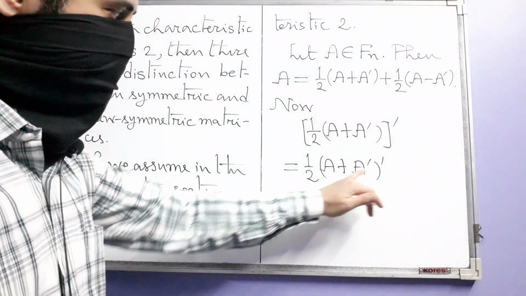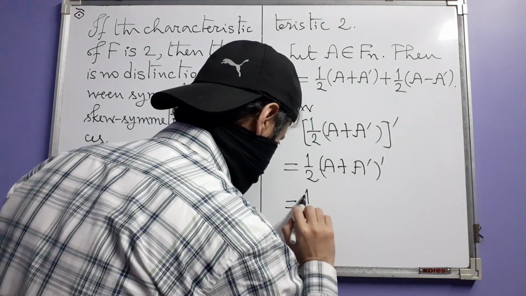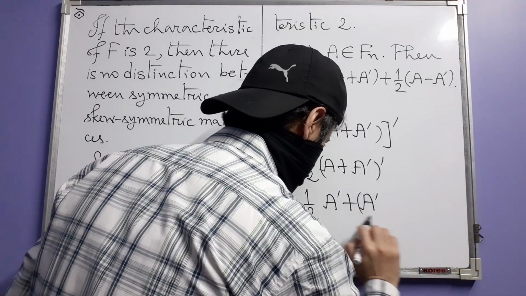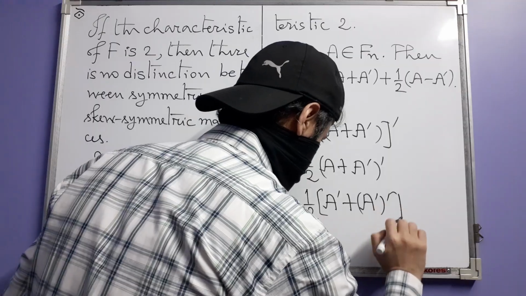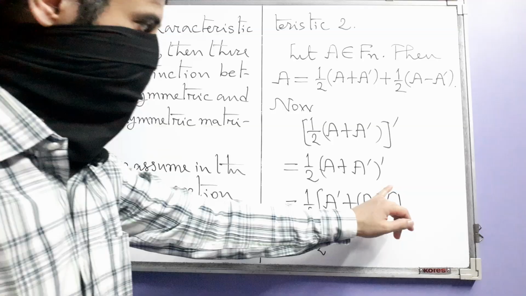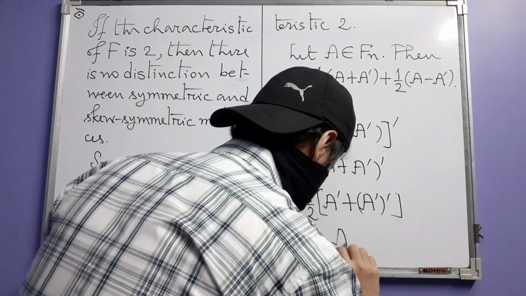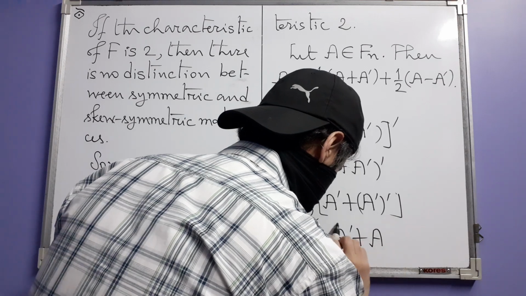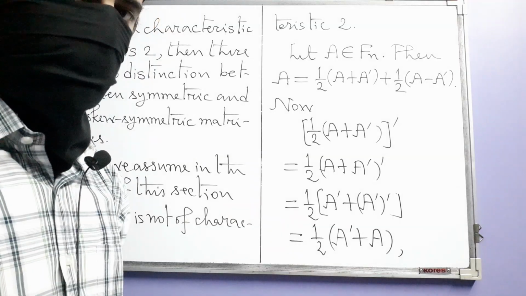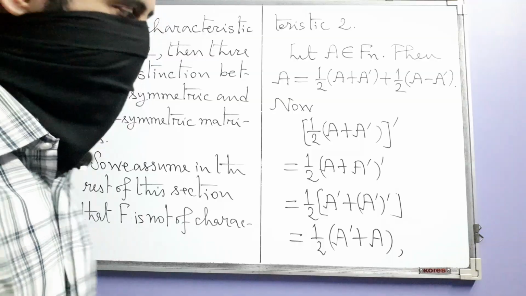And then you can take the transpose inside a sum, that is also one property. So you get A transpose plus A transpose transpose. And finally, you also know that the transpose of the transpose of a matrix is the matrix itself. So you are actually getting the original matrix back. So what does that tell you? It tells you that the original matrix itself is symmetric.